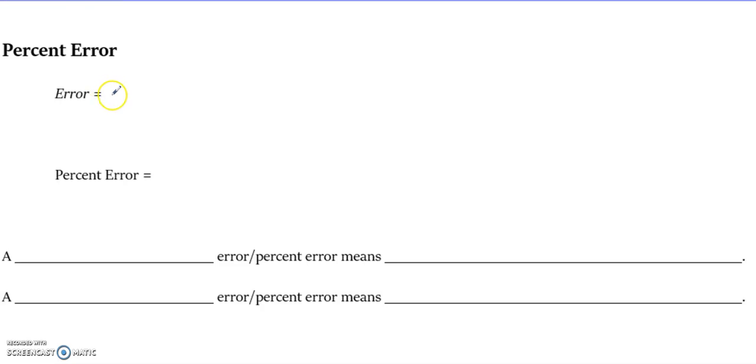Error is the experimental answer, so this would be something you or someone else might measure or calculate from experiments or measurements in the lab. And you're going to subtract the accepted value from it.